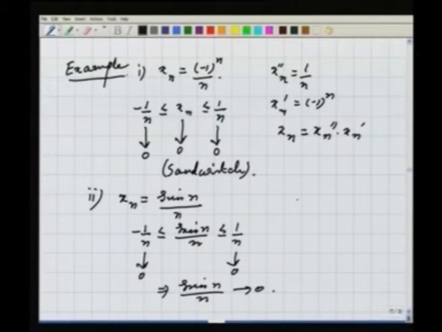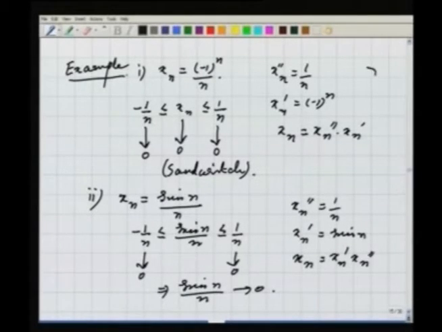In this example, if I again take xn double prime equals 1 by n and xn prime equals sine n, then xn was nothing but xn prime times xn double prime. So, similar kinds of constructions have taken place. Now what I would like to do is try to generalize this.